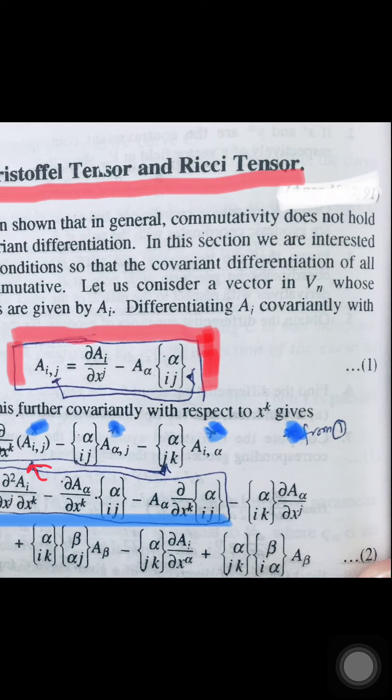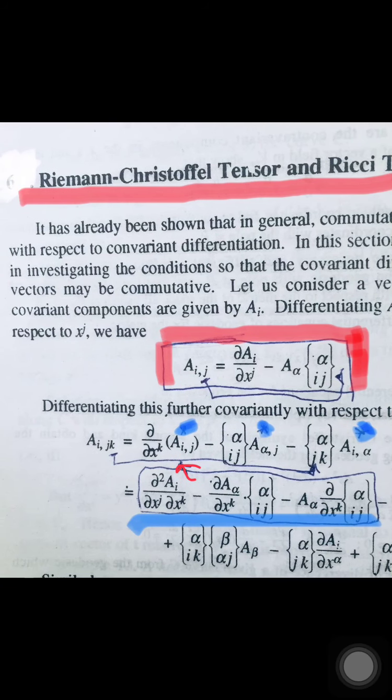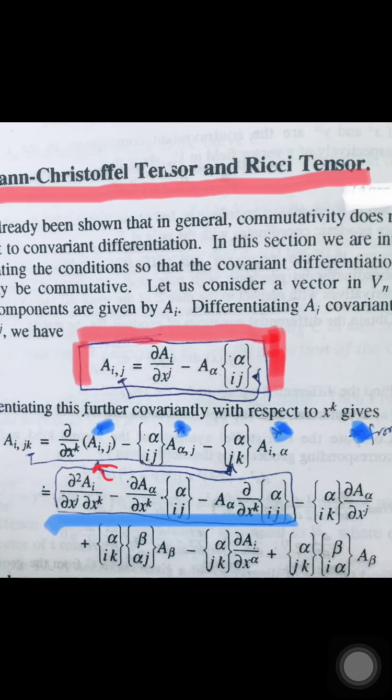So how do we make it commutative, so that it also shows tensor property and commutative property? That was done by Riemann, a great mathematician. That's why it is known as the Riemannian Christoffel tensor. Okay. So how do we do this?